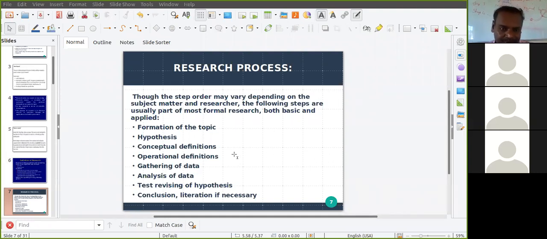So the first step is supposed to be formation of the topic, the area of research. That is number one. Then setting the hypothesis based on your formation of the topic. Setting the hypothesis. Third one, conceptual definitions.